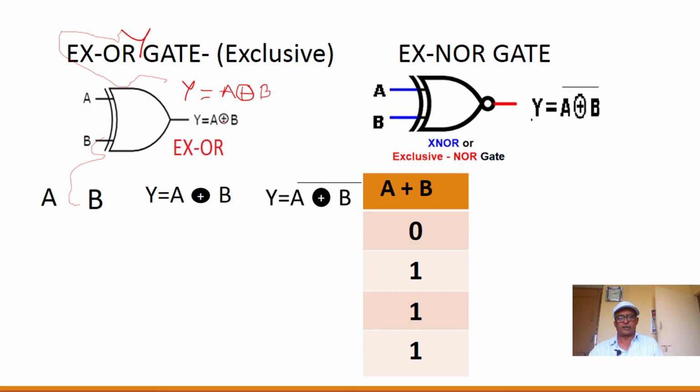So this circle means we consider the OR gate excluding one certain condition, while in the XNOR gate the same gate is considered but with this bubble. This bubble means that with this output we take the complement, as shown by this overhead bar. So this is the equation of the exclusive OR gate.